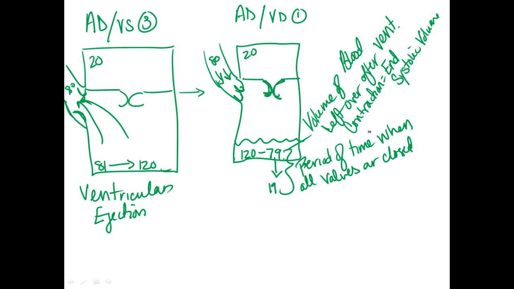And this period of time when all valves are closed and the amount of blood in the chamber is not changing, just like before, is called our isovolumetric. But in this case, since we are trying to drop the pressure, it's referred to as isovolumetric relaxation.